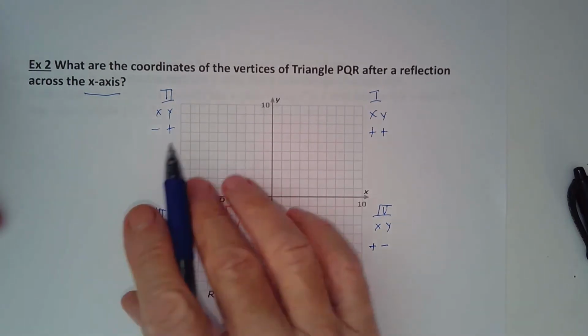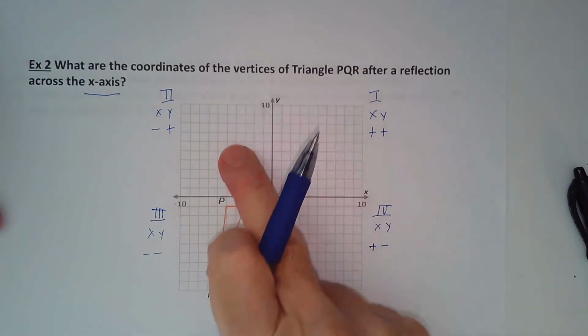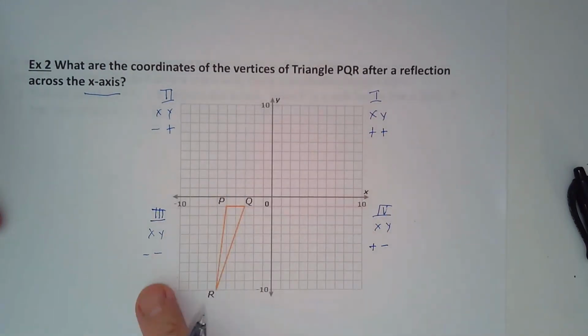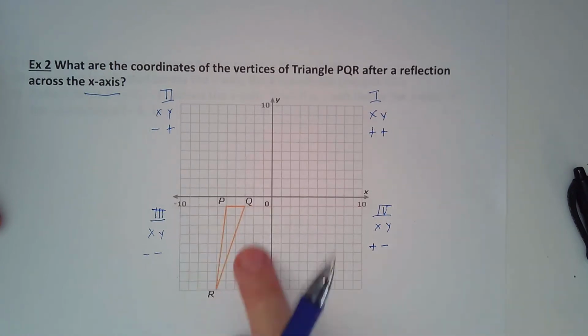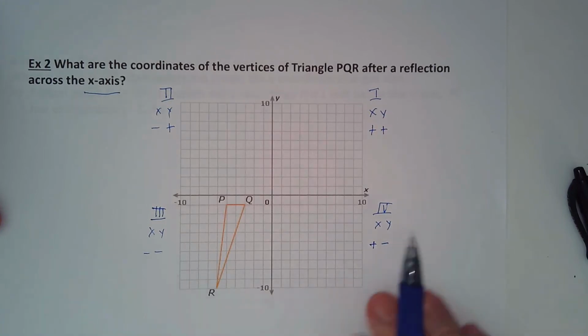We want to know the coordinates of the vertices, but first we know that in quadrant 3, where the pre-image of triangle PQR is, the x and y coordinates for all three vertices, P, Q, and R, have to be negative.